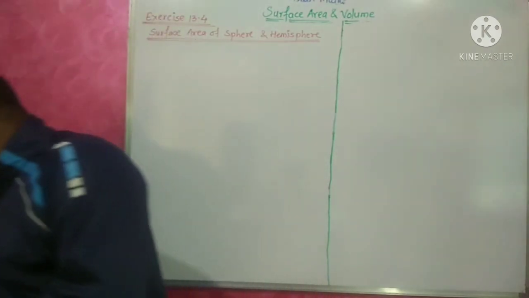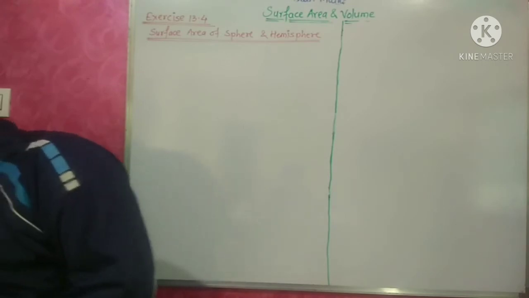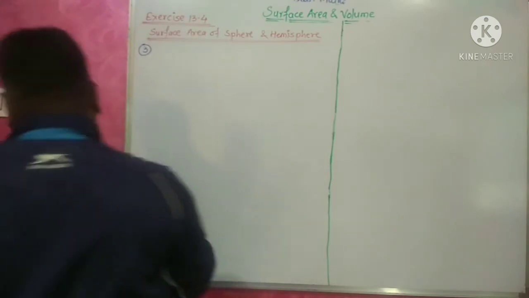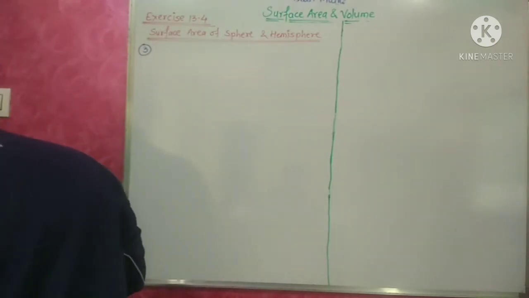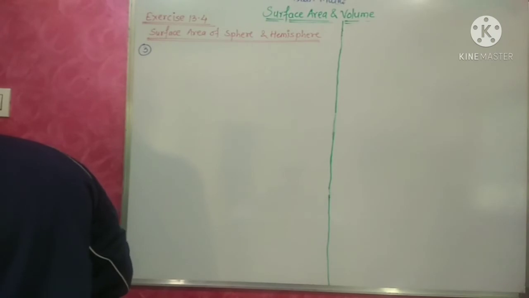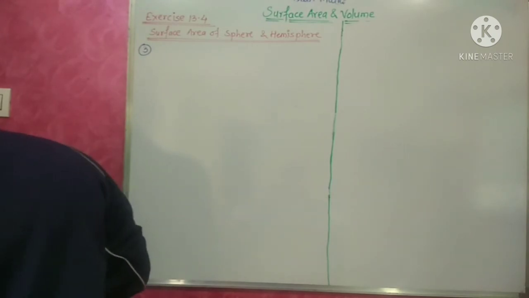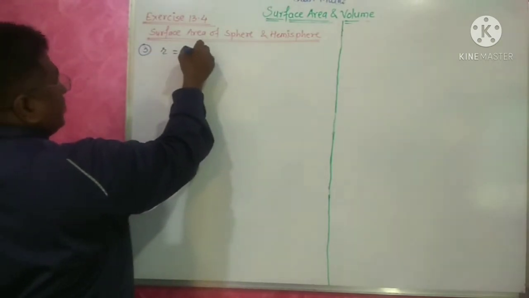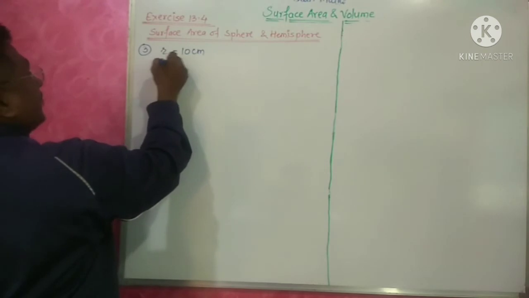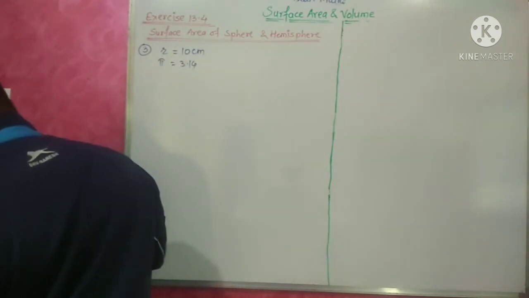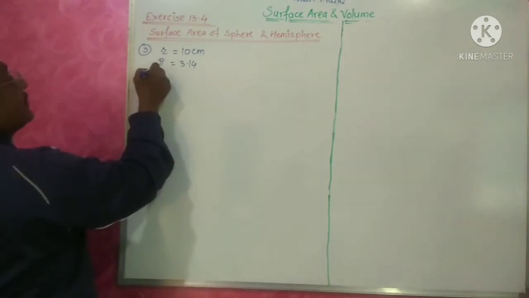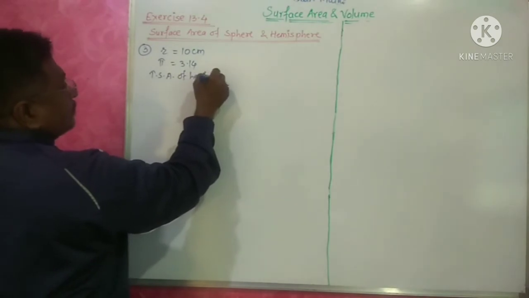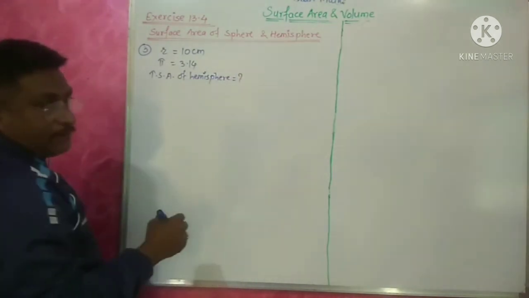Okay students? So now next we will see the third question from exercise 13.4. What is given? Find the total surface area of hemisphere of radius 10 centimeter. Radius is given 10 centimeter. Pi is given 3.14. And what has to be found? TSA of hemisphere.